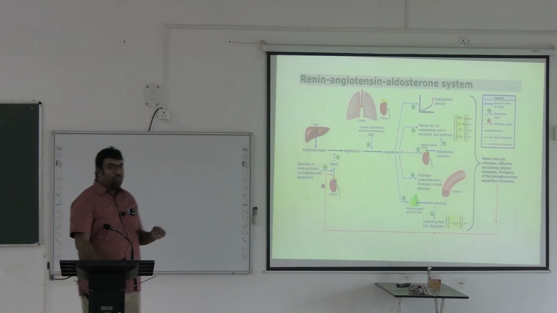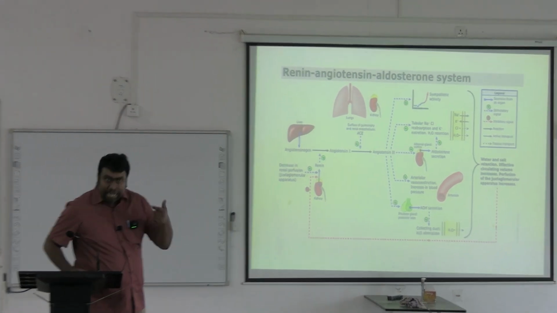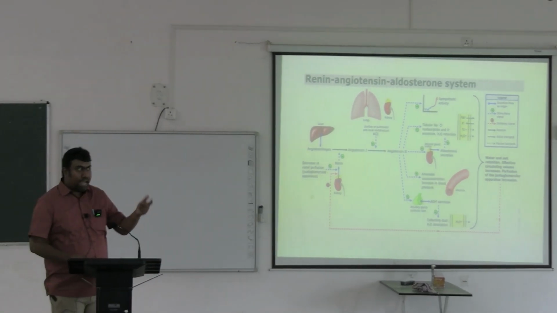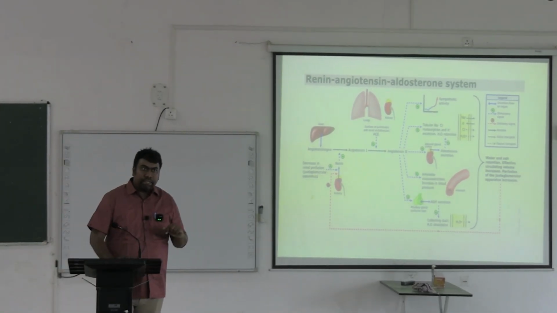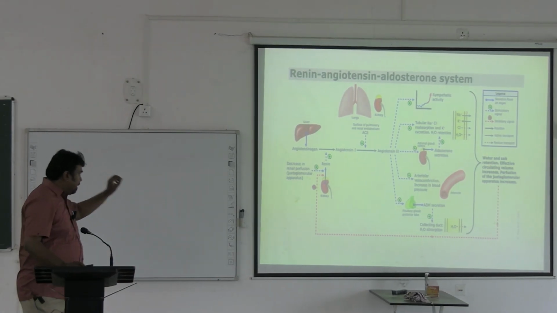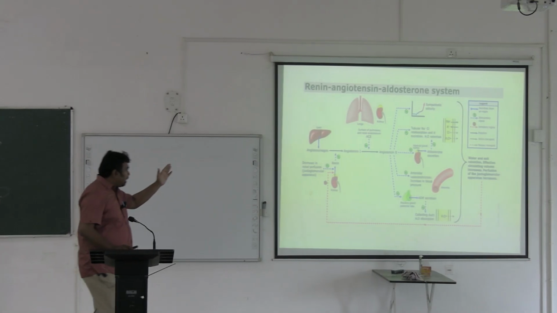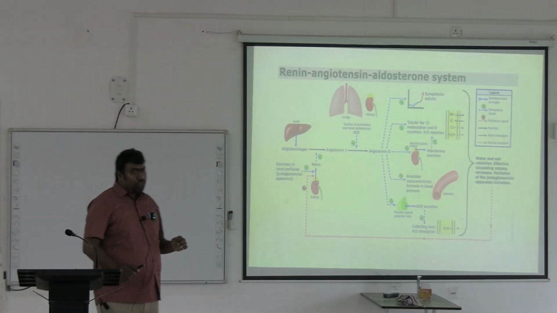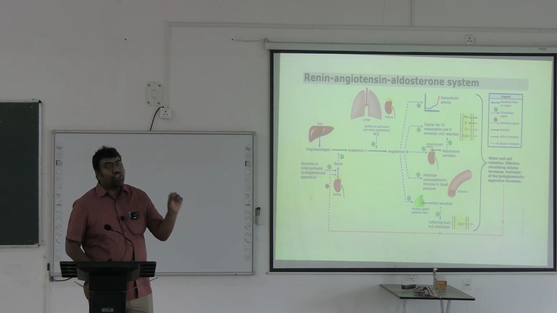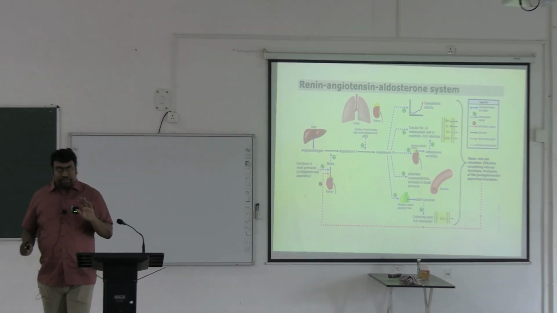They are converted to angiotensin 1 by renin, and renin is synthesized in JG cells, present in kidney. After that, angiotensin 1 is converted to angiotensin 2 with the help of ACE, angiotensin converting enzyme. Where it is present? Primarily lungs.